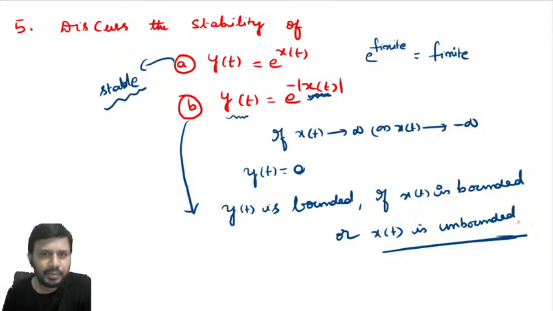For unbounded input also, bounded output you are going to get. If x of t is bounded, definitely output will be bounded.